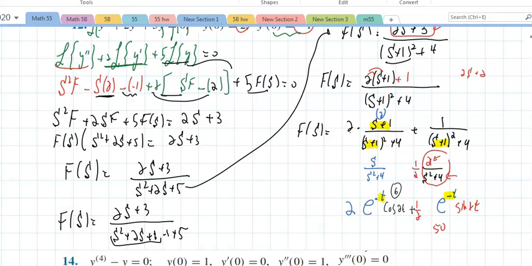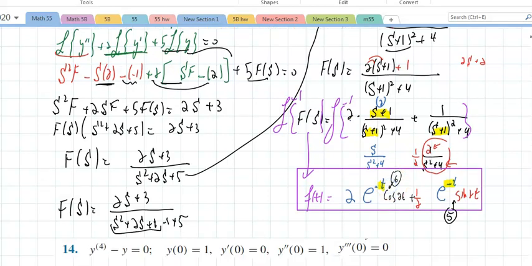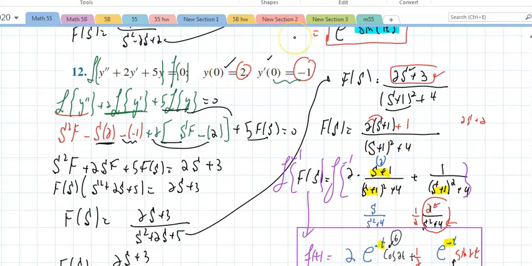And now if I apply the inverse Laplace transform, the inverse Laplace transform will be f of t, which is the solution. And there's my answer. I was able to find the solution to the differential equation, including C1 and C2 by using the actual values.